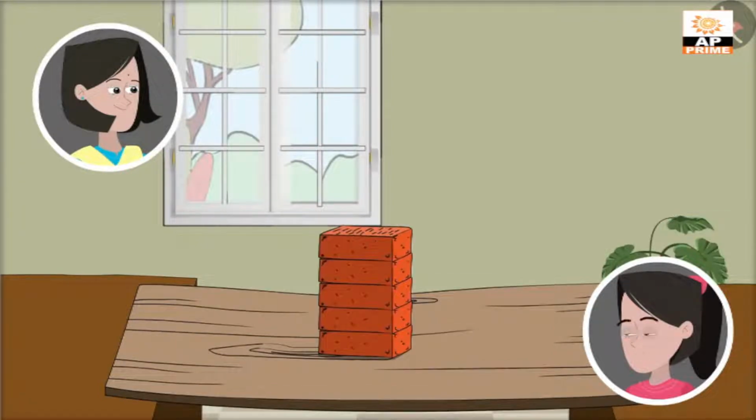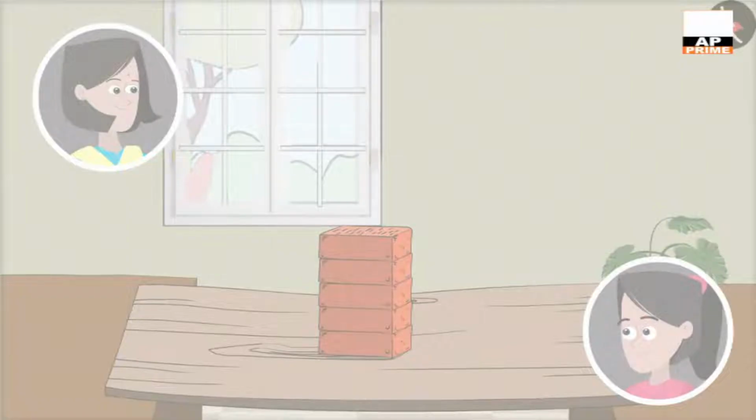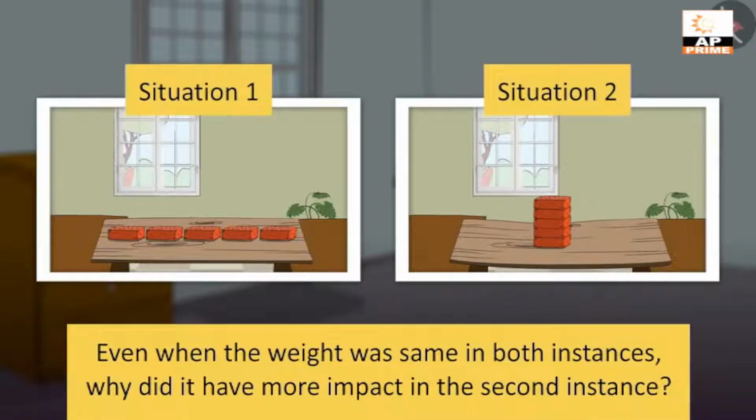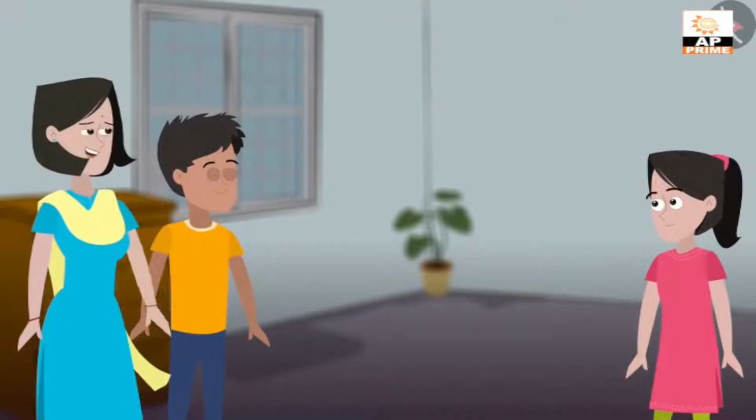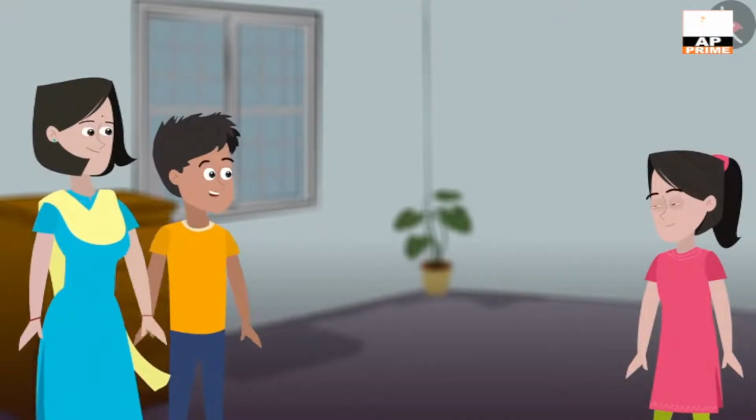Mummy, this wooden plank has bent down from the middle. Yes, that's right, Sanya. In both the instances, weight was the same. Then why was the impact visible only when the bricks were kept one over the other? Why do you think that happened?